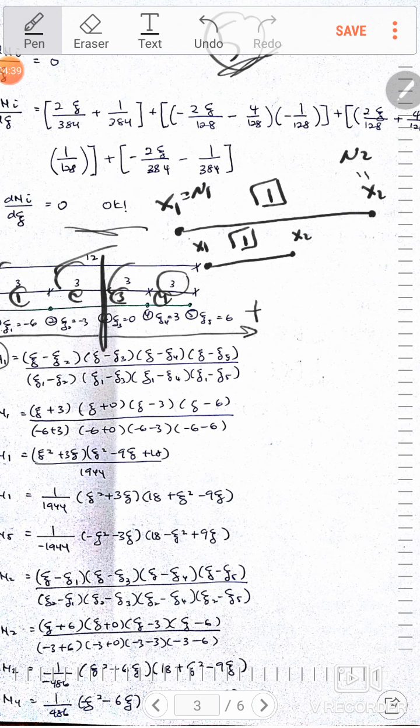If I draw another element from point x2 and stop here, this will be x3, that means node number 3. The line that I draw from x2 to x3, I call element number 2, and so on.